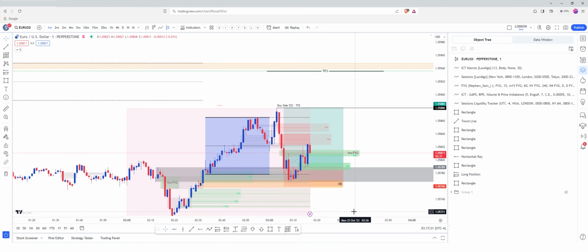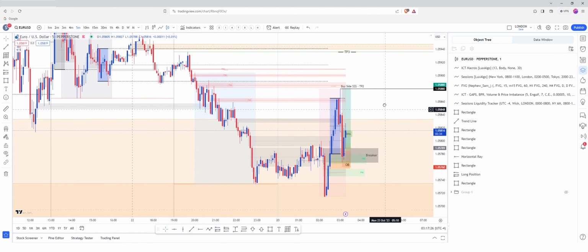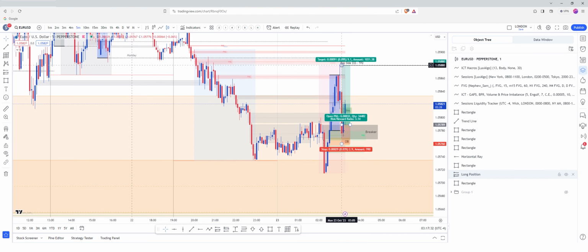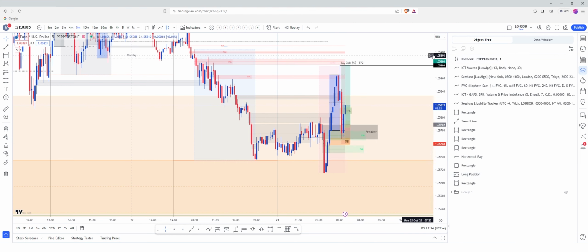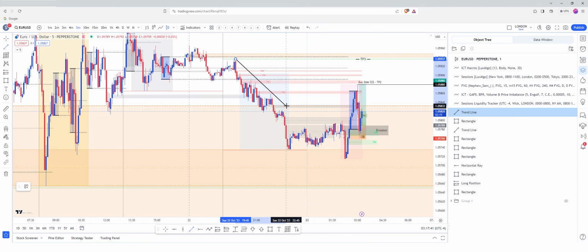But if the bias is correct, which based on the 5-minute time frame, we can see we've swept the low, we have the breaker block, we'll come tap to the breaker block on a 5-minute. We would expect this high to get taken, and then we can see that we do have the draw on liquidity, this trend line volume if you like, to run through to take out TP3 into the new week opening gap.